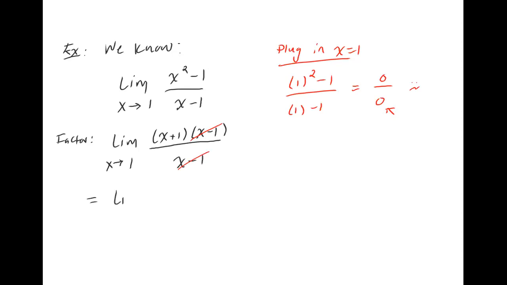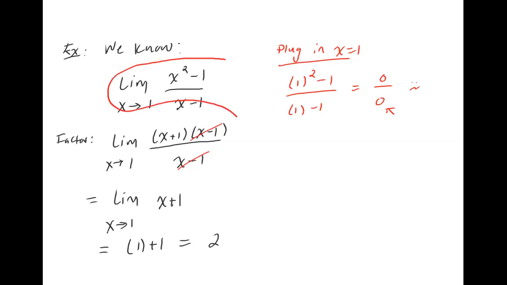So this limit becomes the limit as x approaches 1 of x plus 1, which I do know how to directly evaluate. It is 1 plus 1, which is 2. So we can say, because of that, that the limit as x approaches 1 of x squared minus 1 over x minus 1 is 2.